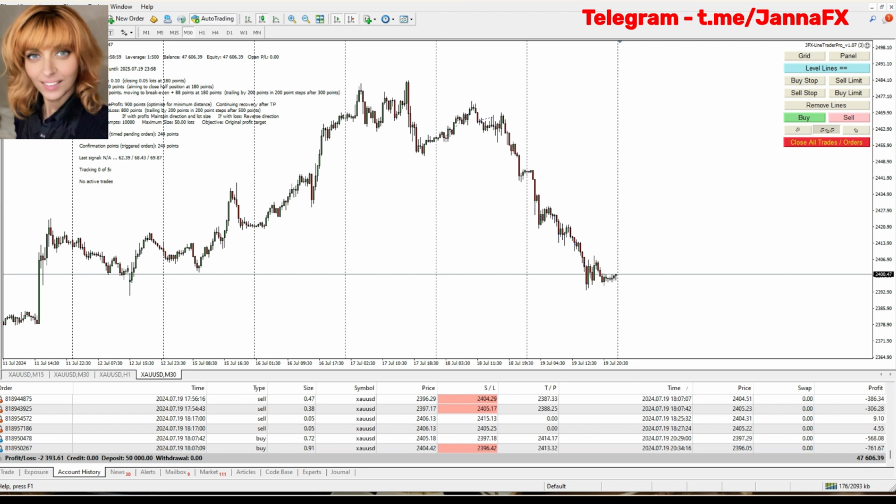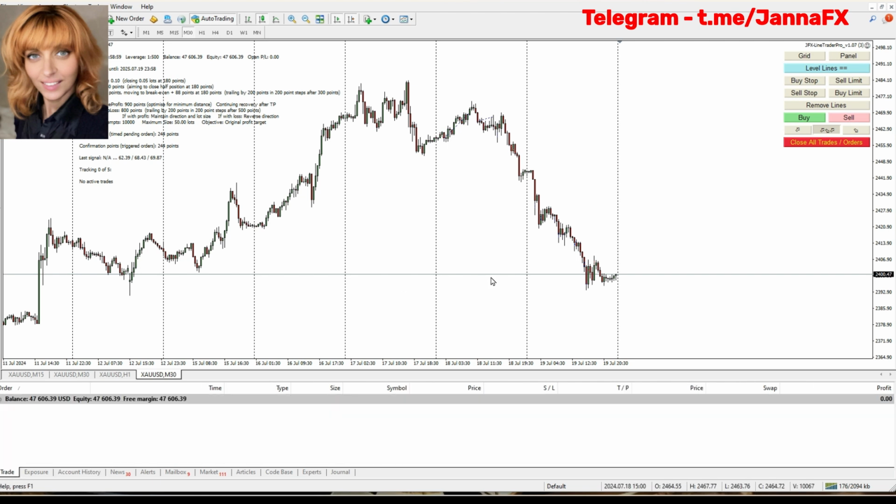I'm just showing you what I'm trying to do at this moment, and I will keep you updated with the results of this new automatic setup in the EA.